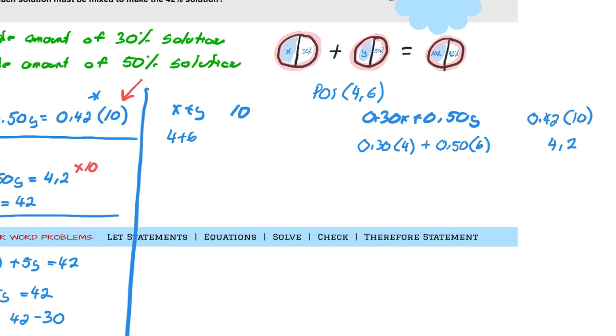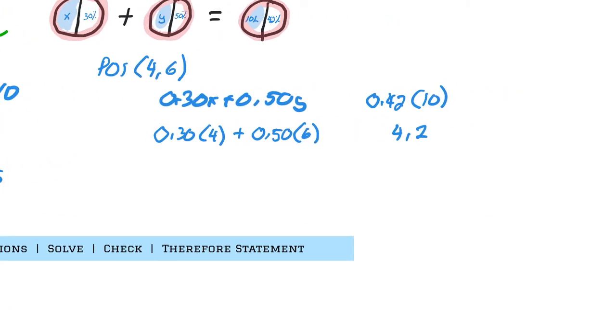And then back, so 4 plus 6 is indeed 10. Left side equals right side. This will become, sorry about that, this will become 1.2 plus 3.0, which is 4.2, and again, left side equals right side.